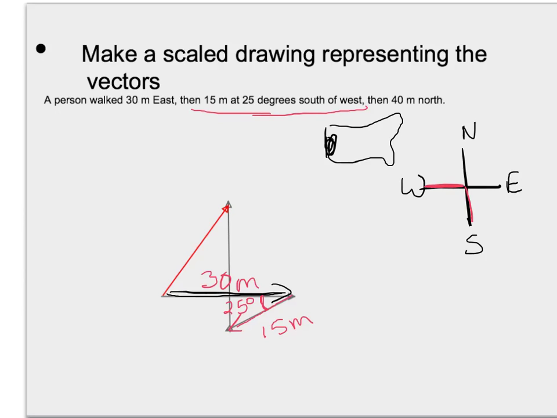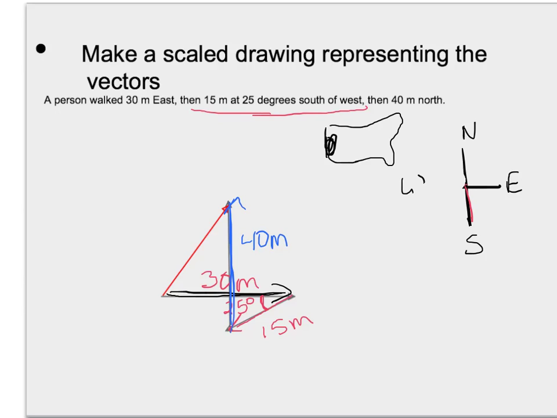Here's west. We're going south of west. And then we have our last vector, which is 40 meters north. So we're going to go straight up north.